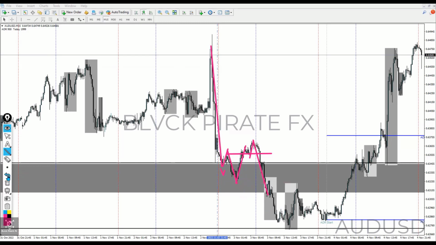But then looking at a second entry, whilst we're still in the zone, price does come down like that, and then creates a market structure, breaking above it. You would have been activated upon trading the breaker block in here. This would have been at the end of the day, in the Asian session, and then you get activated trading higher.